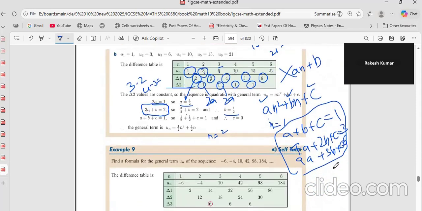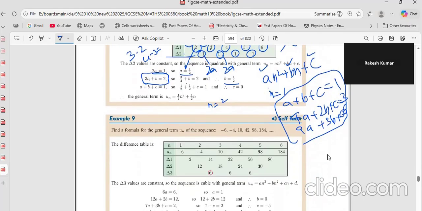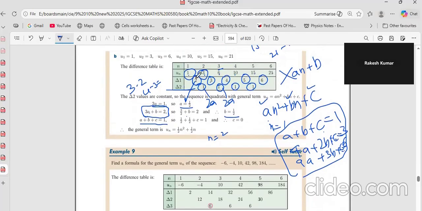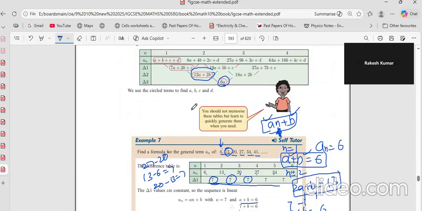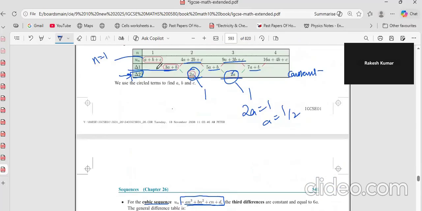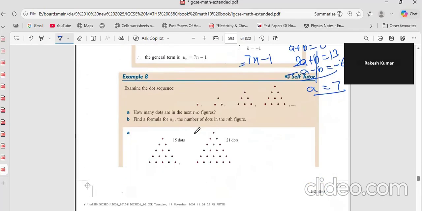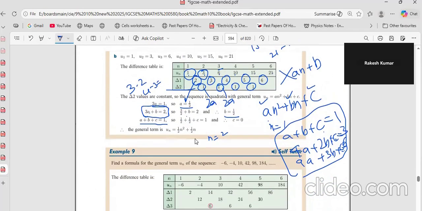If you are good at maths, you can just subtract this and this, and c will go away. You'll get two unknowns, a and b, and solve for them. Anyway, a plus b plus c is 1, since the first term was 1. We know a is half and b came out to be half.